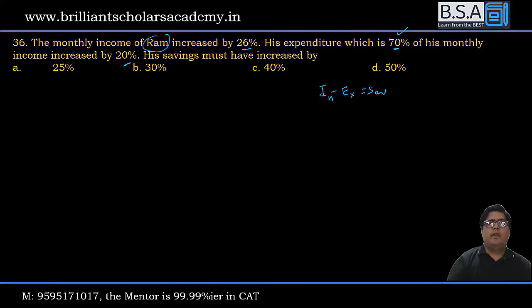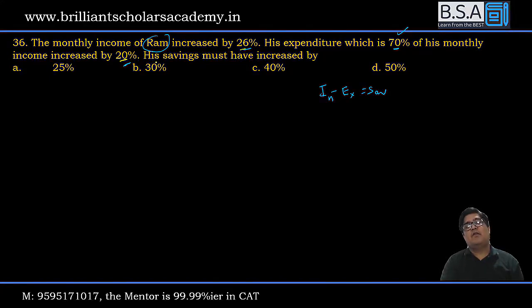Good. See, what does the question say? Monthly income of Ram is increased by 26%. His expenditure, which is 70% of his monthly income, is increased by 20%.